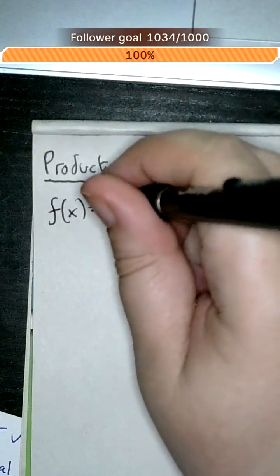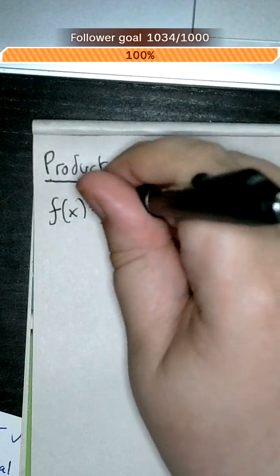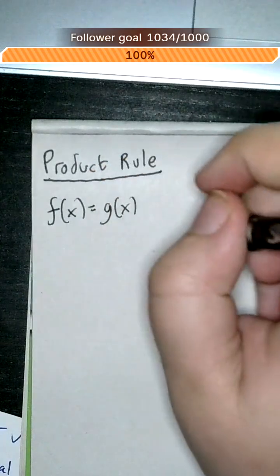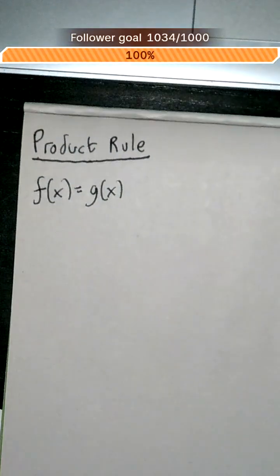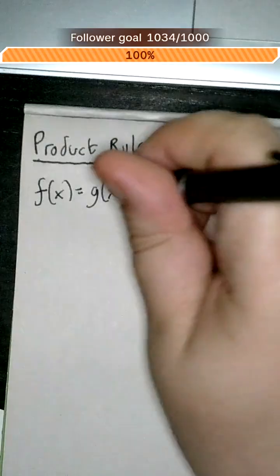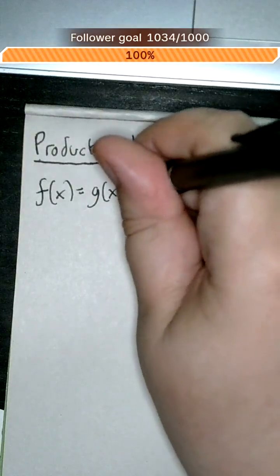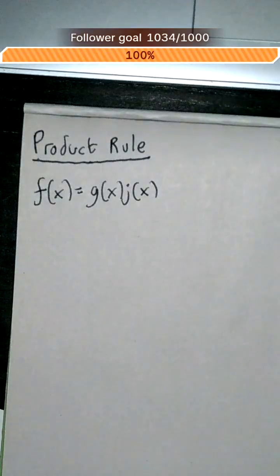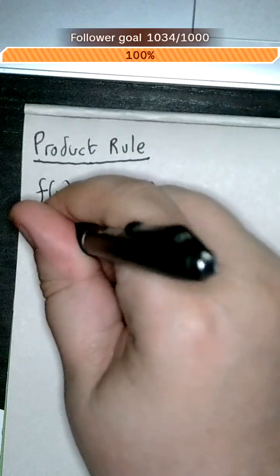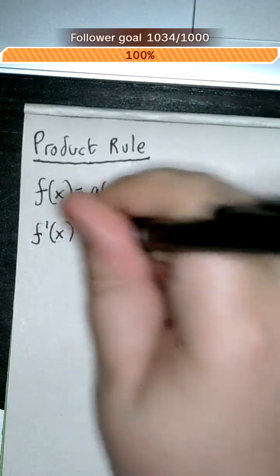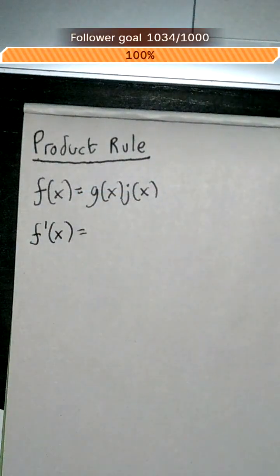I'm going to call it g of x times, I don't want to confuse you with h, so I'm going to use j of x. And I'm going to prove the product rule. I'm not going to give it to you, but instead we're going to see what it is.